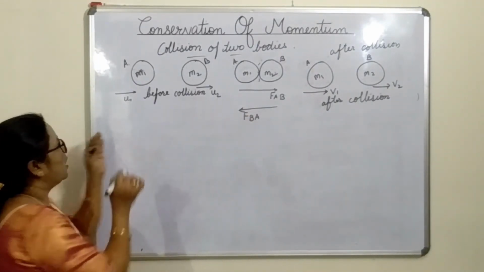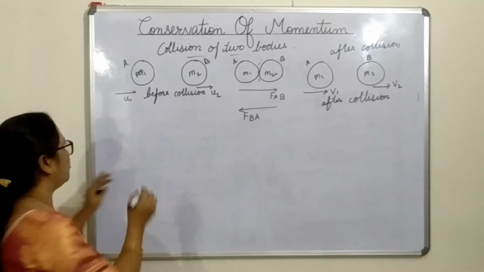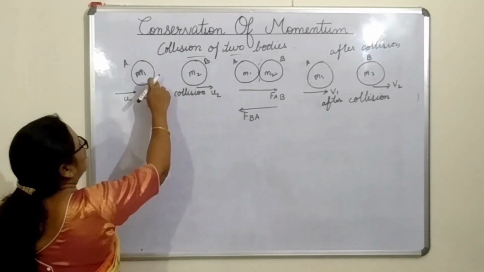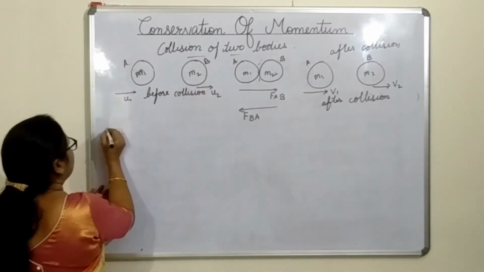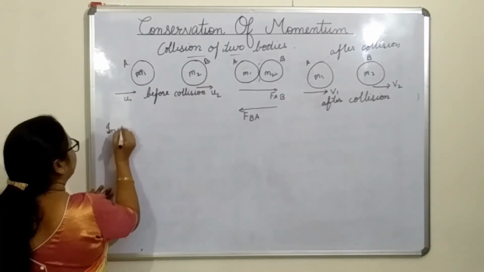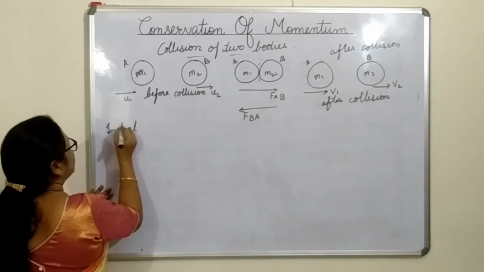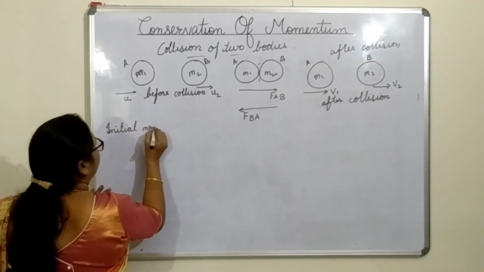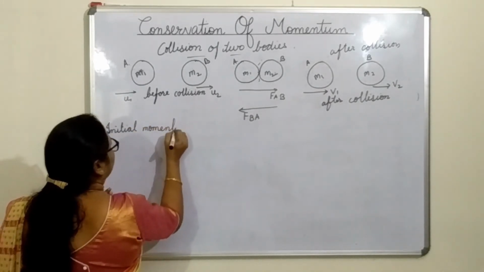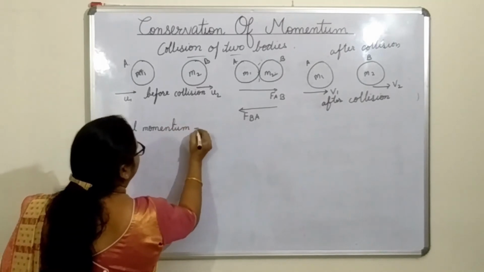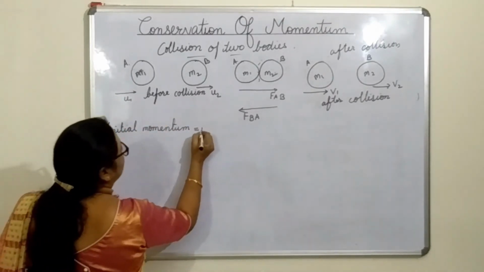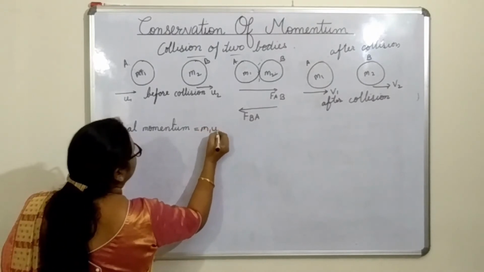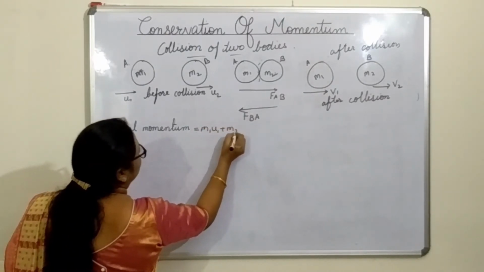Now, as per the definition of momentum, momentum of ball A plus momentum of ball B will be equal to the initial momentum. Initial momentum before collision will be equal to m1 u1 plus m2 u2.